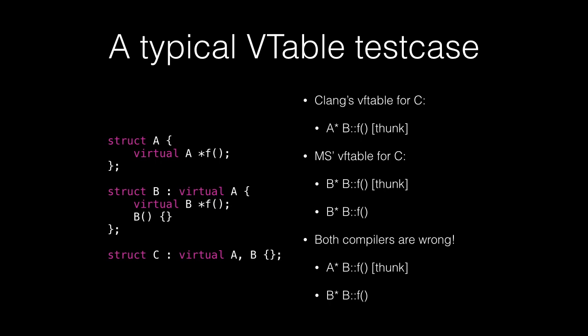We have a single struct A, which returns an F. We have a struct B, which virtually inherits from A, is an overrider for F, and also has a constructor. And that constructor is actually important. If you remove the constructor, the ABI, the contents of the VTable, change. It's actually kind of nutty.